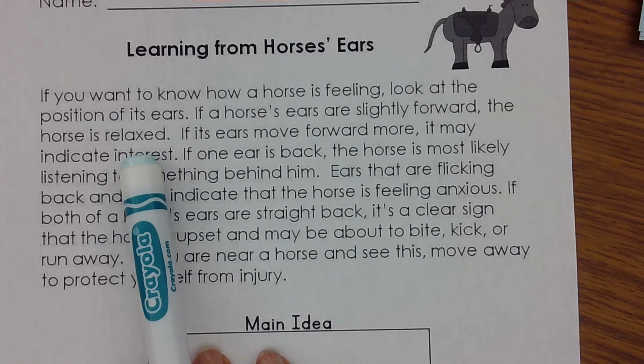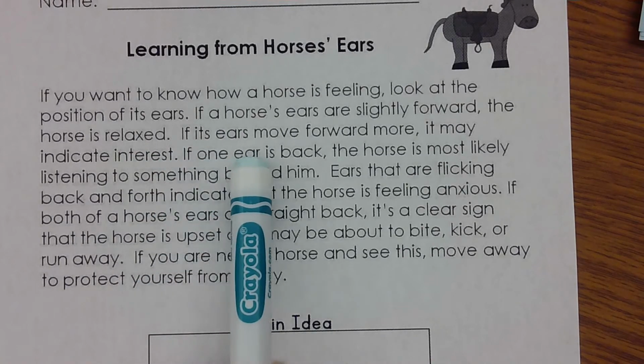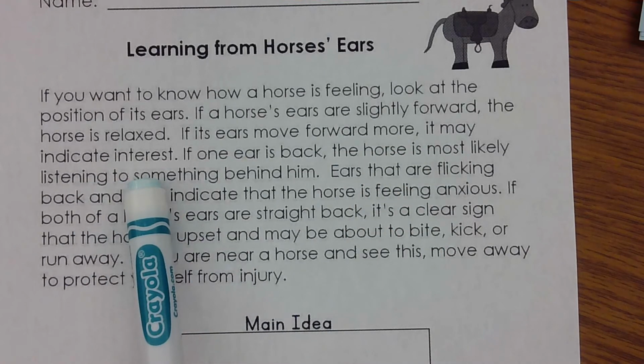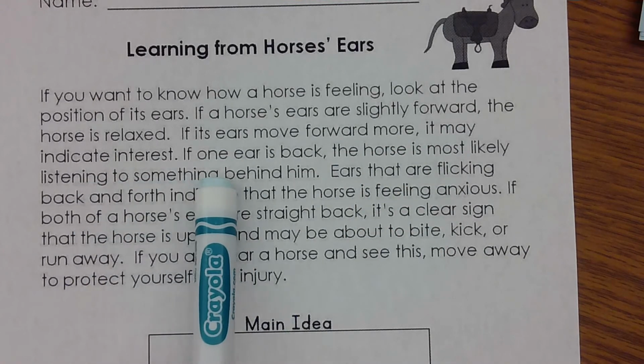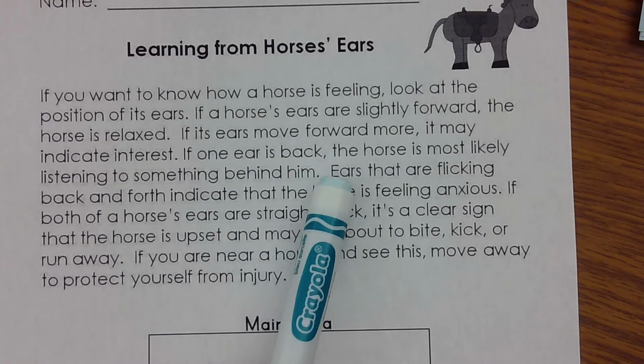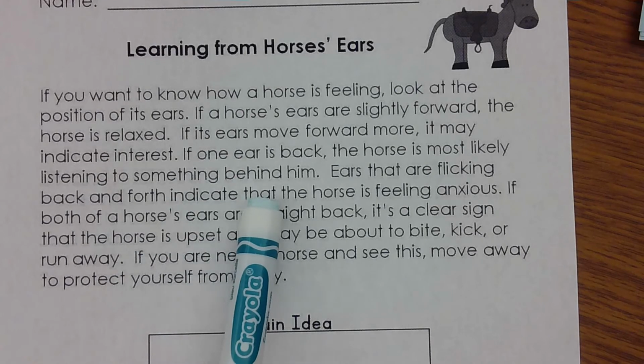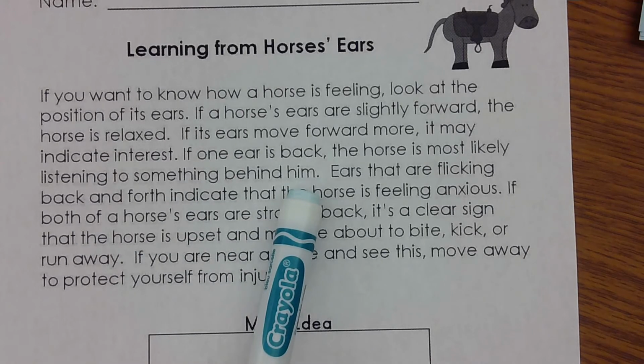Let's keep reading. If its ears move forward more, it may indicate interest. If one ear is back, the horse is most likely listening to something behind him. Interesting. I never knew that before.